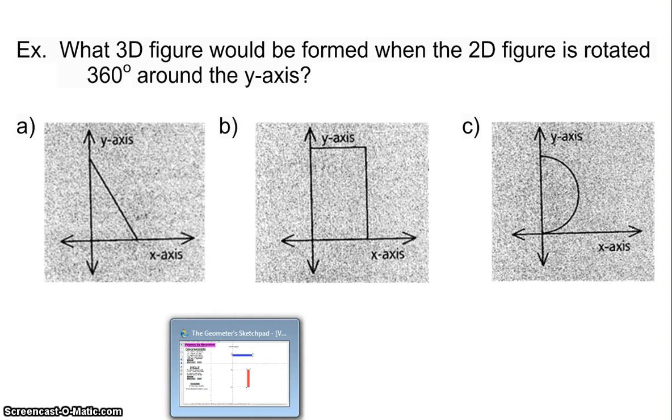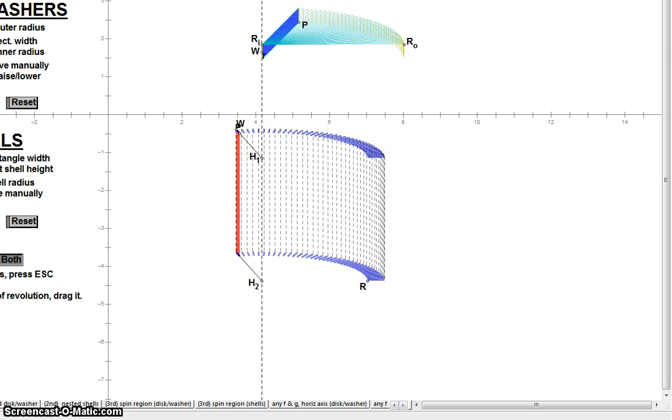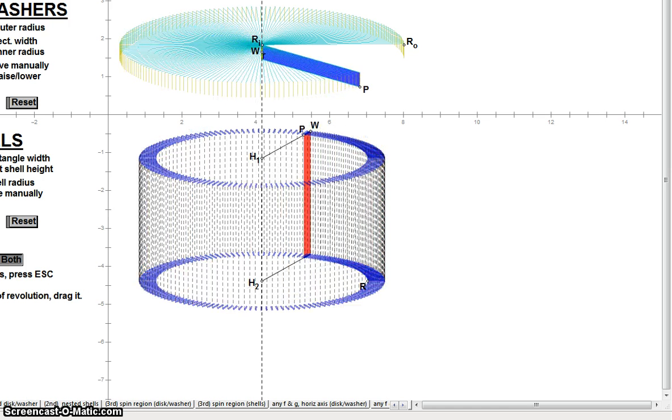And an example of what that would look like if we were to take something similar to B, if we were to take a rectangular prism here and rotate it around this axis of revolution, which could be our y-axis, you could see that we would create a cylinder.